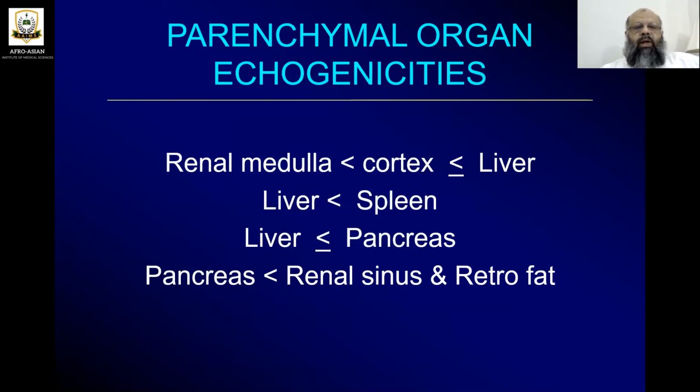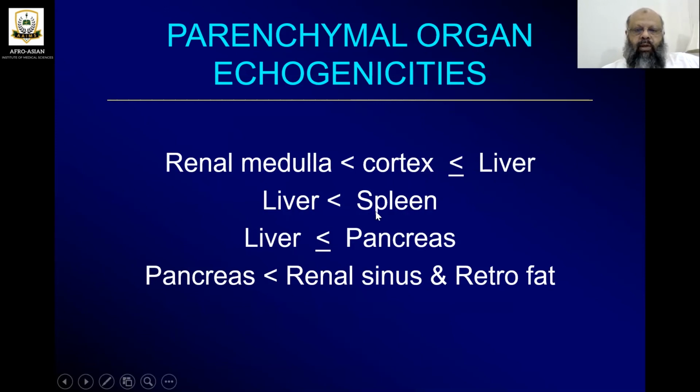When we look at the parenchymal organ echogenicities, we must know that the renal medulla is hypoechoic as compared to cortex of the kidney, and the cortex of kidney is isoechoic or hypoechoic to liver parenchyma.